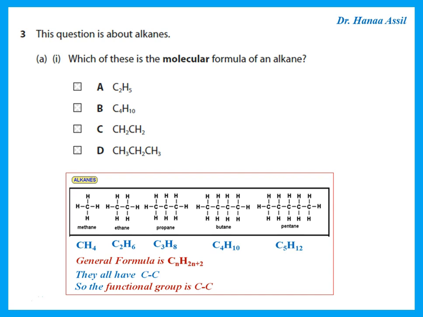They all have the general formula CnH2n+2. That means in order to be an alkane, the number of hydrogens is twice the number of carbons plus 2. So we have CH4, C2H6, C3H8, and so on. The number of hydrogens is twice the number of carbons plus 2.